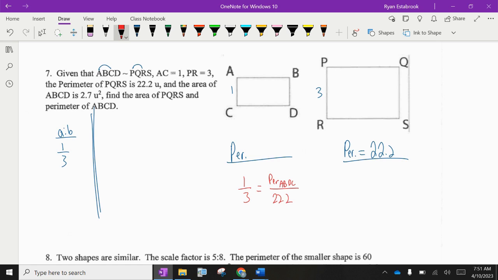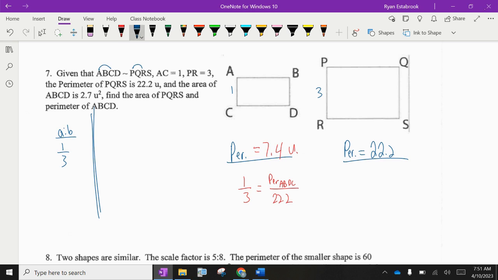It's just a nice straight up proportion. Those ratios are going to be equal to each other. Cross multiply, then divide. What does the perimeter of that smaller one come out to then? 7.4. So 7.4 units. So we can find that perimeter just using that ratio we were already given.